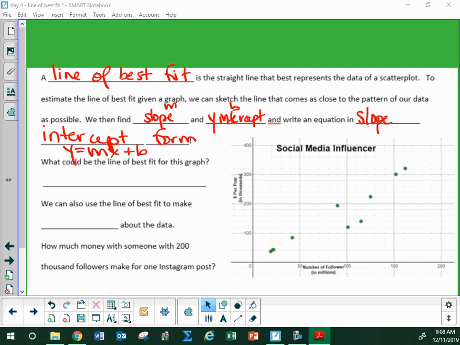Good. I need some line of best fits in this row here. Jonathan, draw your line and show me. Alejandra, good. Alan, can I see your line of best fit? Alan, draw a line and show me. Ben, that looks good. It's not that hard to draw a line. Good. Bradley, that looks wonderful. Angelica? Thank you. All right, Alan, let me see it. That looks wonderful. Good, good, good.